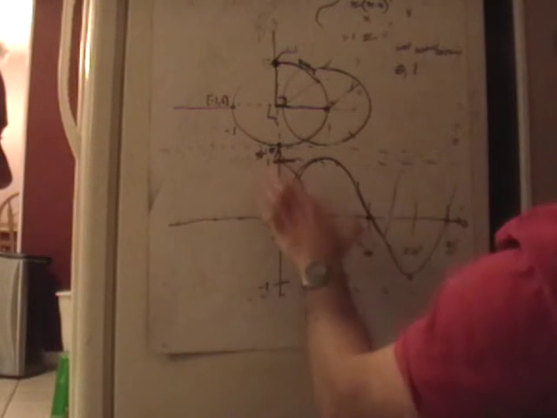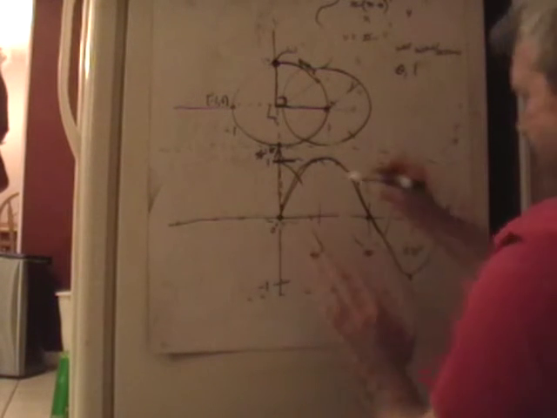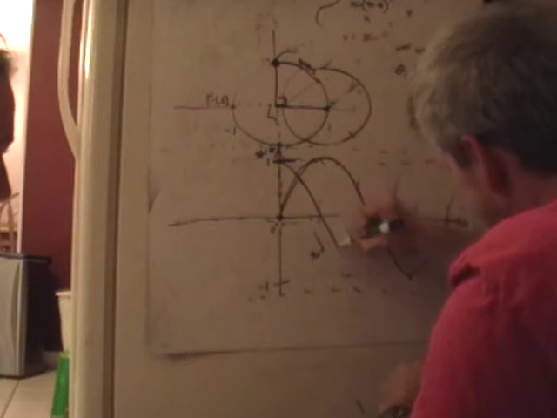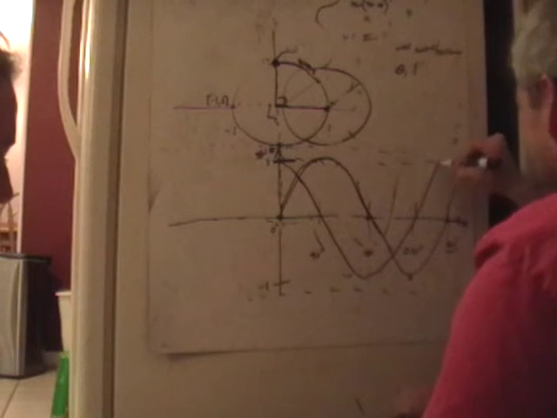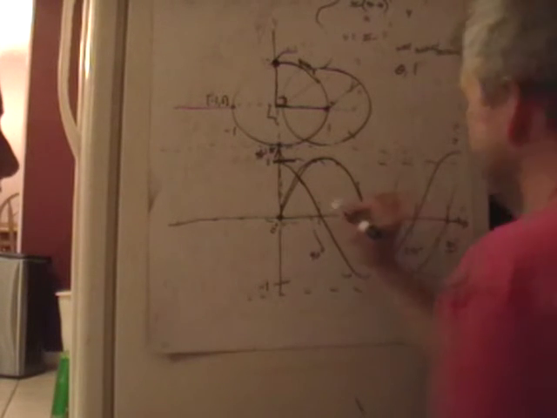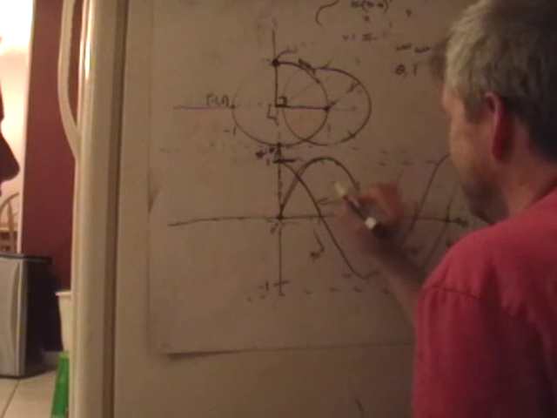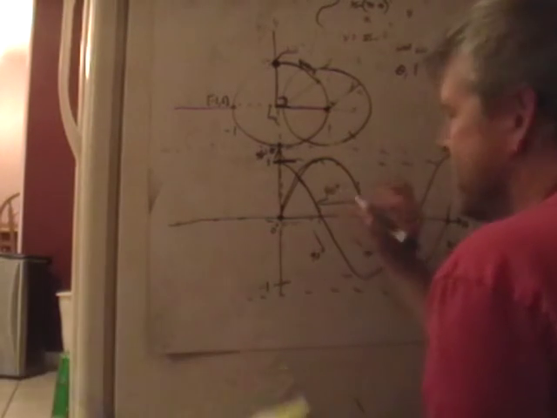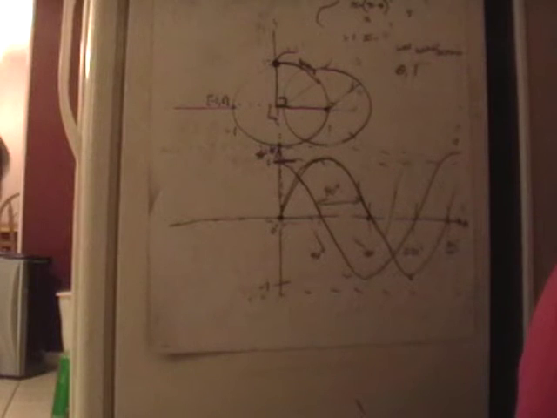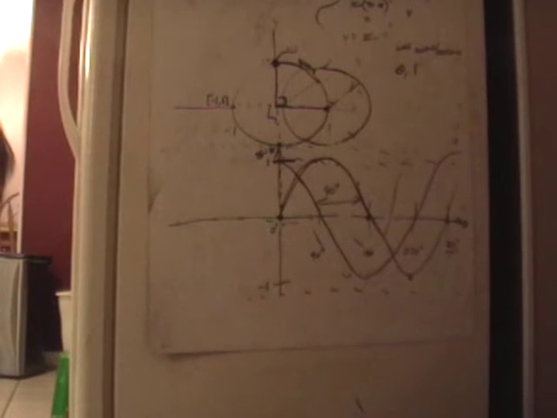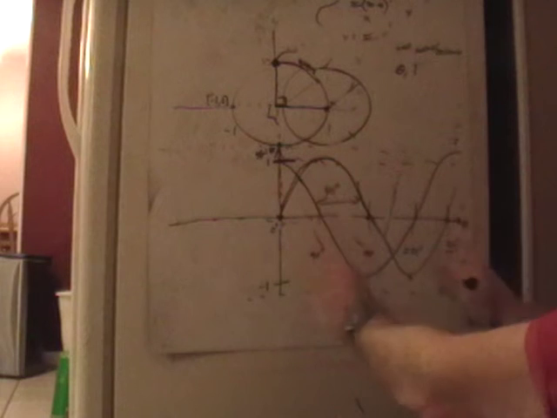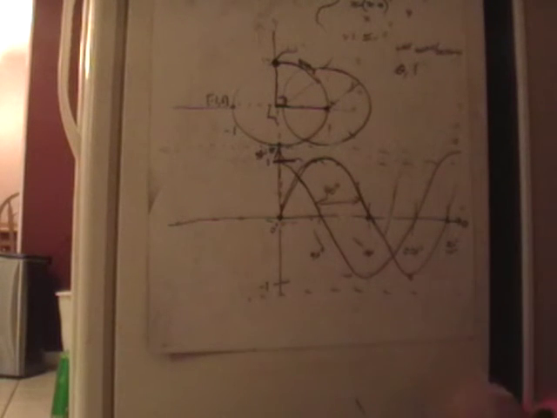Trying to get it right here. Comes here to there to there to there. This is 90 degrees. It starts at 1. It's the exact same thing, moved 90 degrees to the left.